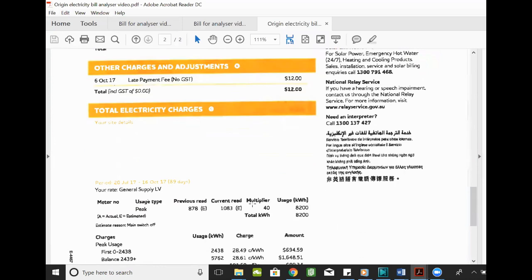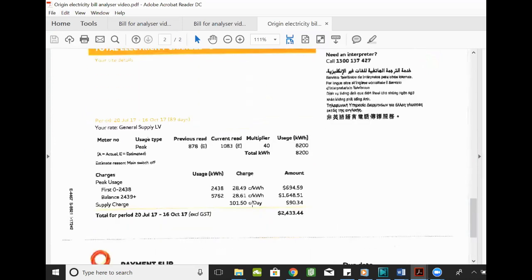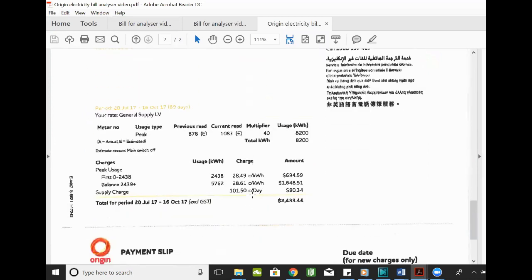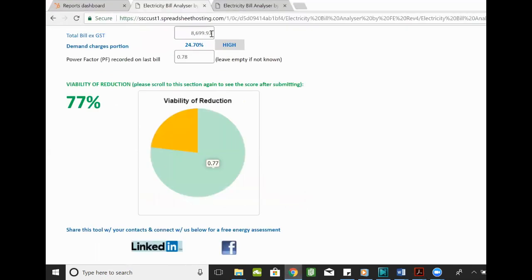On this page, the main charge is the peak charge, which is 28.61 cents per kilowatt hour. There is no breakdown of network charges and environmental charges because it's a small consumer, so this would be much simpler to analyze.